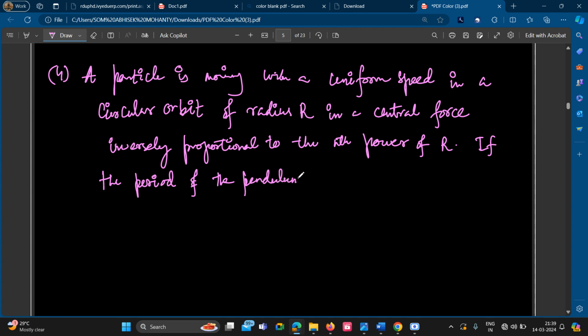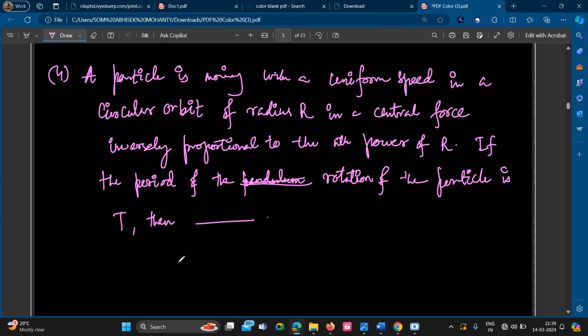If the period of the rotation of the particle is T, then dash.